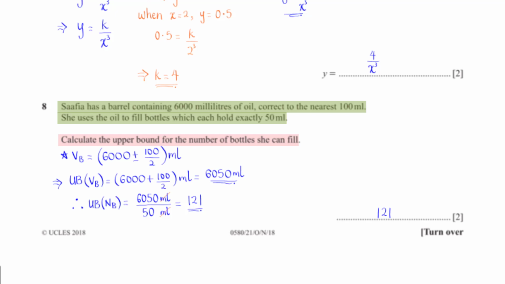To be able to find the upper bound for the number of bottles Safia can fill, we need to find the upper bound of the volume of the barrel. And so to do this, we ignore the minus and we are left with 6000 plus 100 divided by 2 milliliters, which gives us 6050 ml. Therefore, the upper bound for the number of bottles Safia can fill will be 6050 ml divided by 50 ml, and that gives us 121.